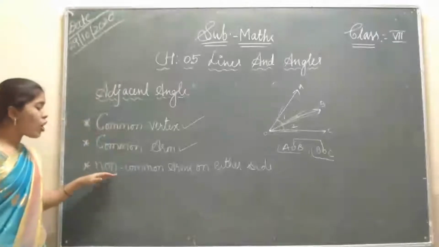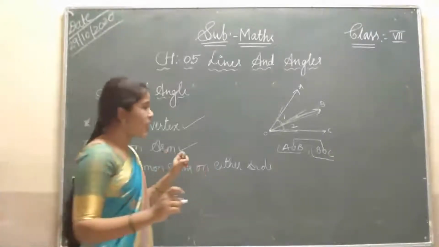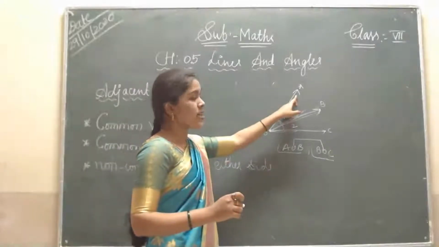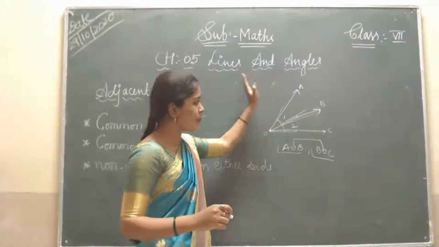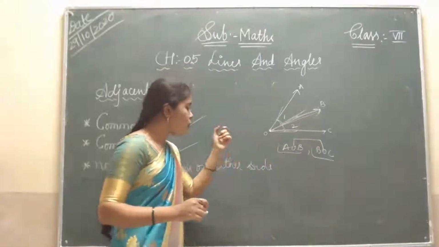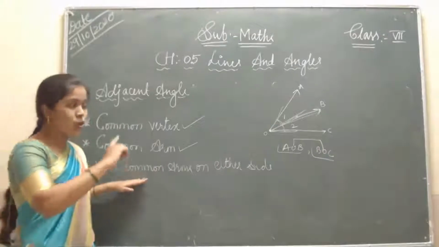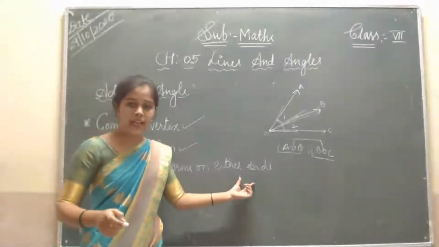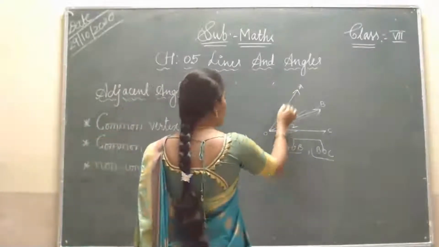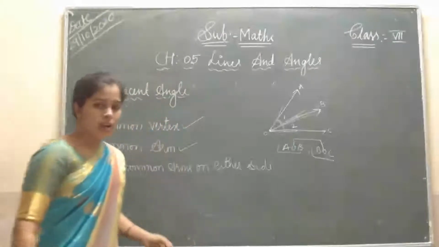Next, non-common arms are on either side. Means, see here, OA is non-common, OC is non-common, because this is separate and this one is separate. So what the line is saying, non-common means OA and OC, arms on either side. Yes, OA and OC are on either side of these two angles.